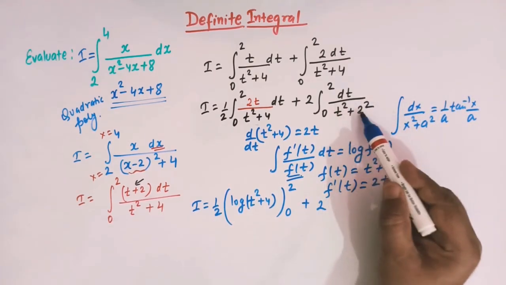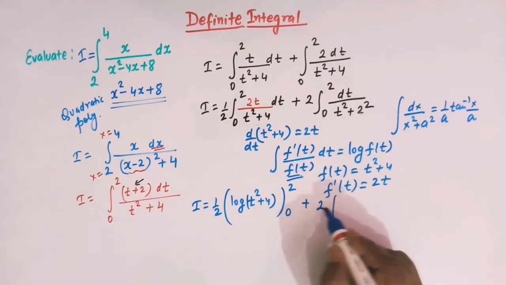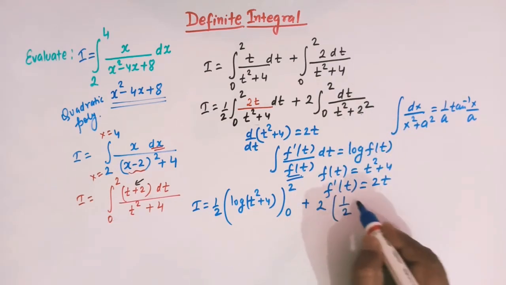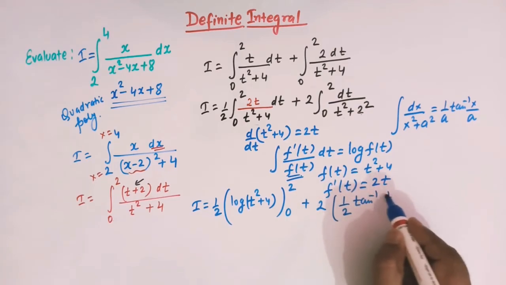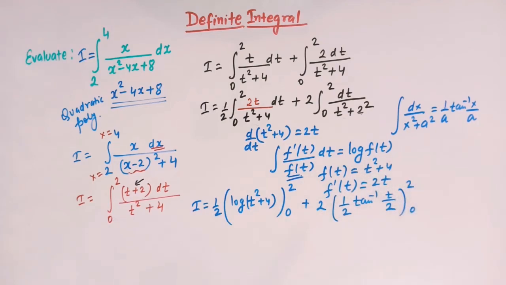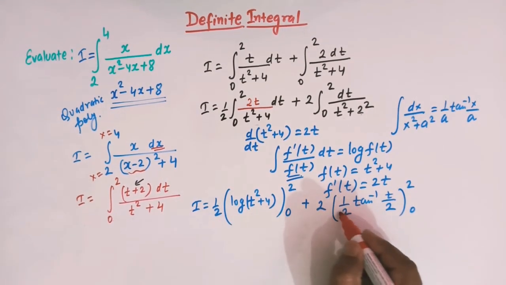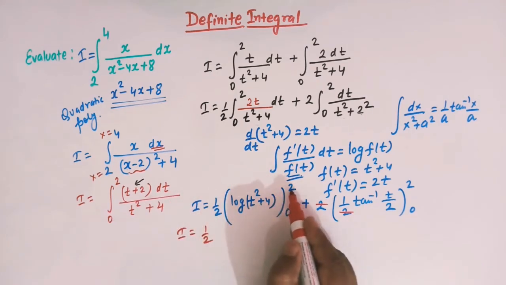So here the value of a is 2. So now we have 2 times 1 over 2, then tan inverse of t over 2, and the limits of integration are from 0 to 2. Now this 2 and this 2 get cancelled.